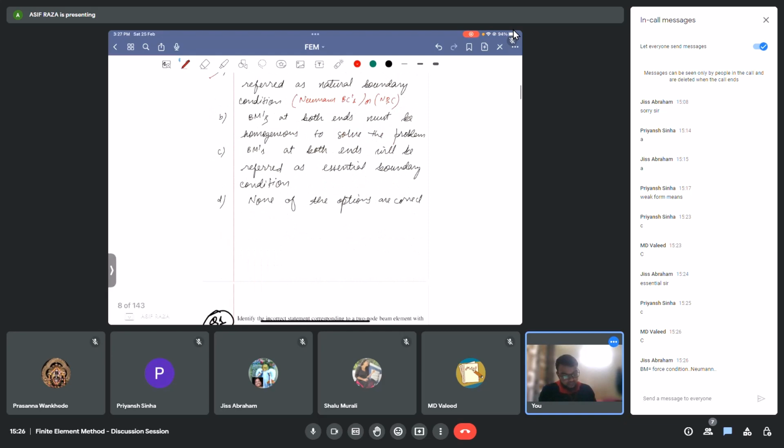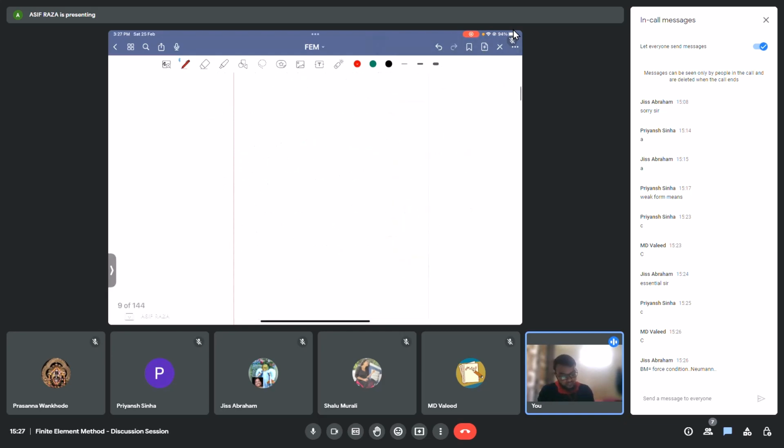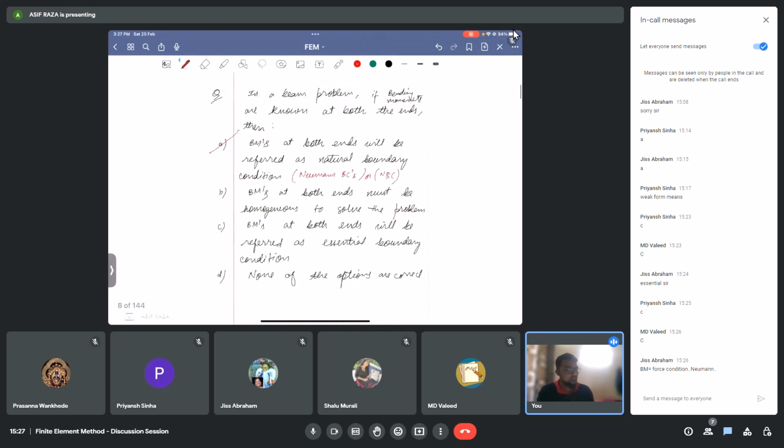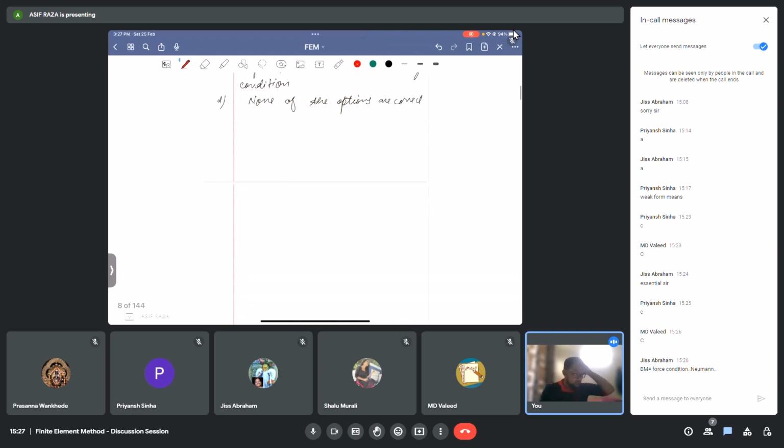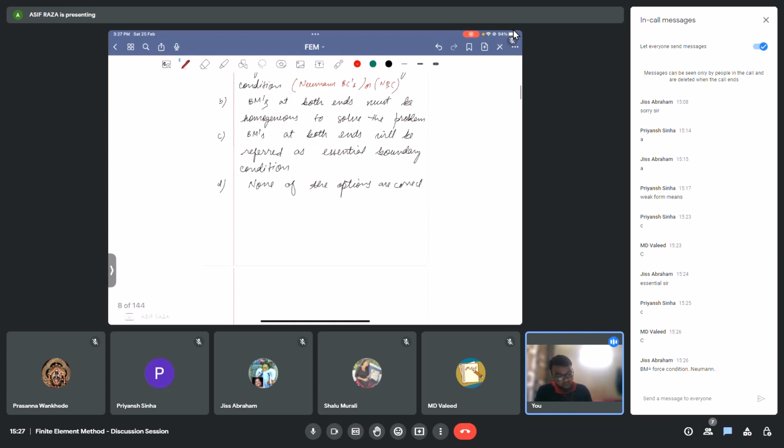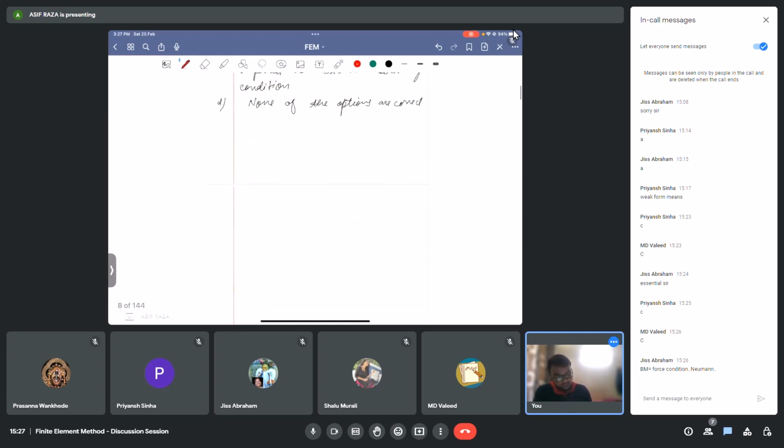To explain it, if you have trouble understanding what an essential boundary condition is and what a natural or Neumann boundary condition is, I'll explain briefly. We multiply the residue with the weight function, then we use integration by parts.